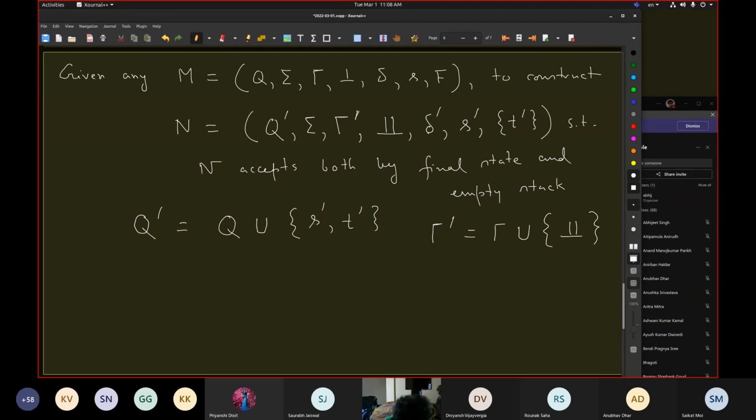So what shall I do to convert this machine is how I convert delta to delta prime. So what this machine N initially will do, it will start its operation with its own bottom marker.